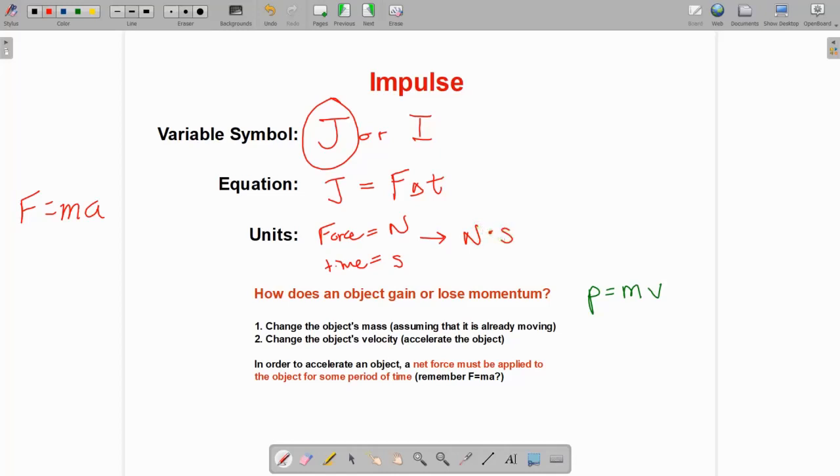I wrote F equals ma over here on the side because I want to look at these units of newtons. A newton is equal to a kilogram, that's mass, times acceleration's units, which are meters per second squared. So a newton is a kilogram times a meter per second squared.